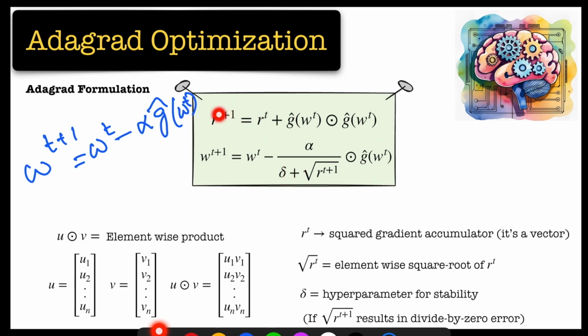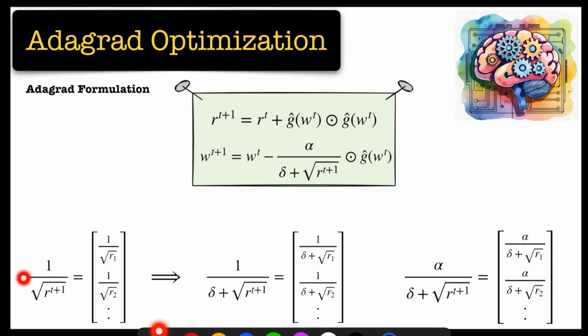In that case, R(t+1) can become 0 anytime, so we'd get a divide-by-zero error. That's why, for stability, we add delta. This is one hyperparameter. Also, this is an element-wise operation: 1 over the square root of R(t+1) is, let's say, a vector.